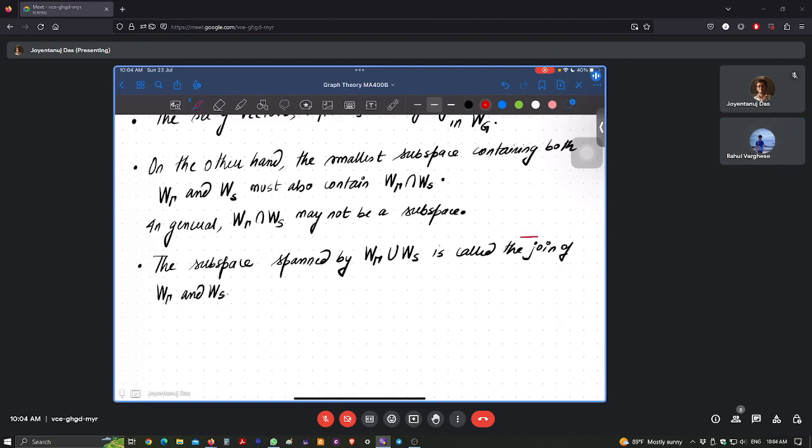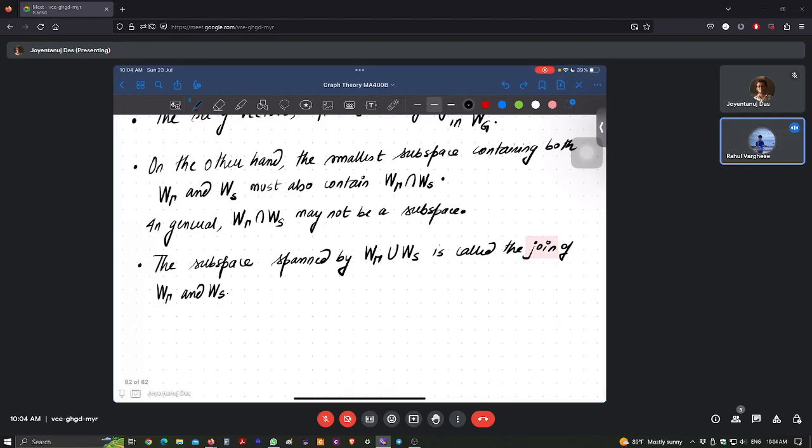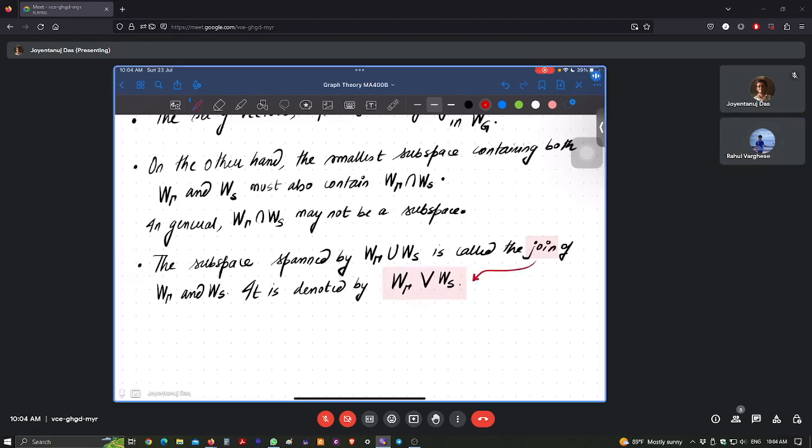So here the new term is join. It is the join of two subspaces, and it is denoted by this notation. So this is the join of W1 and W2.